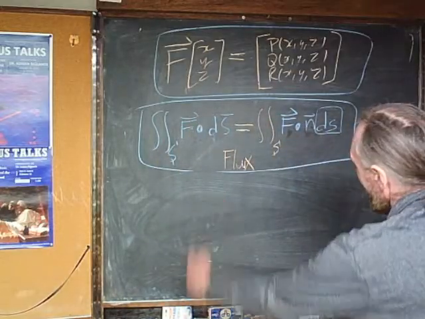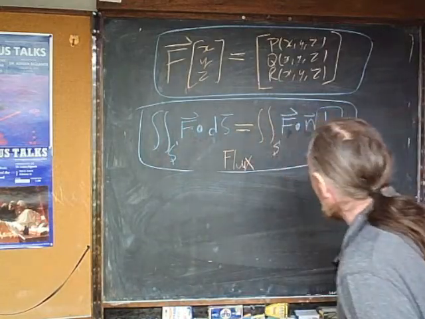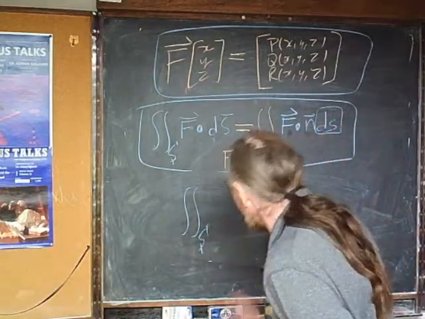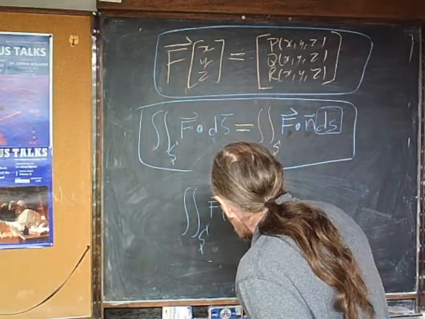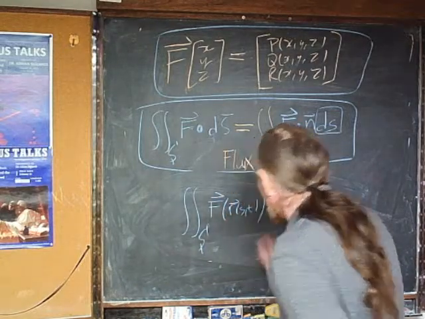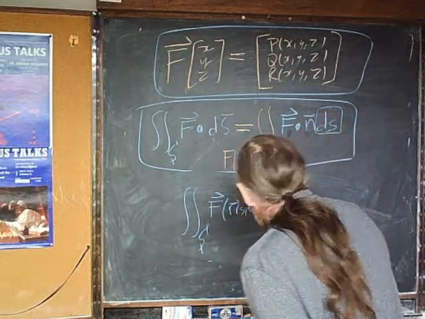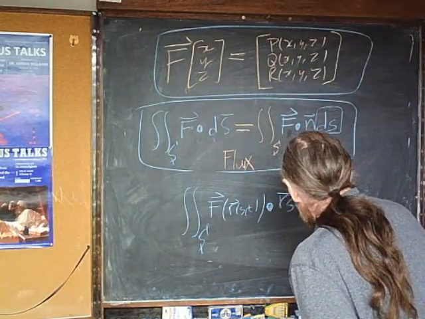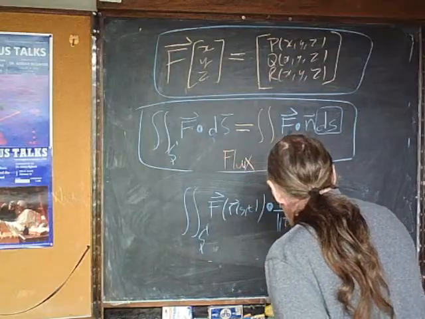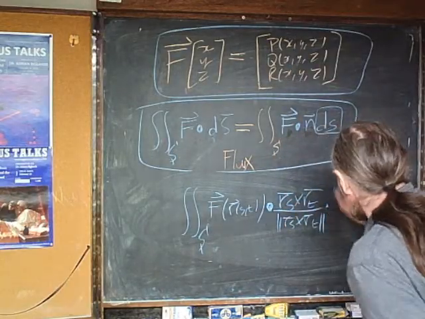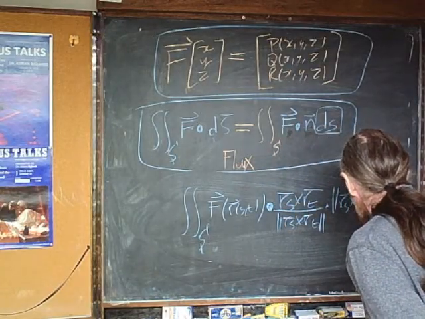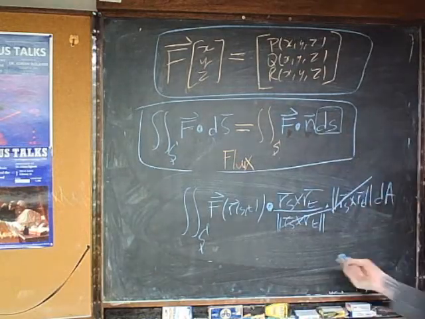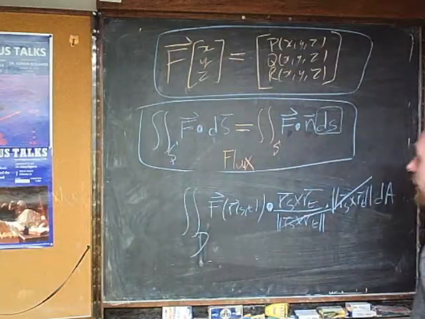The flux of a vector field over a surface is going to be the surface integral over S of F of r of (s,t) dot product with the unit normal vector, which is r_s cross r_t over the norm of r_s cross r_t, times the magnitude of r_s cross r_t, dA. So this cancels, and sorry, that should be the region D.